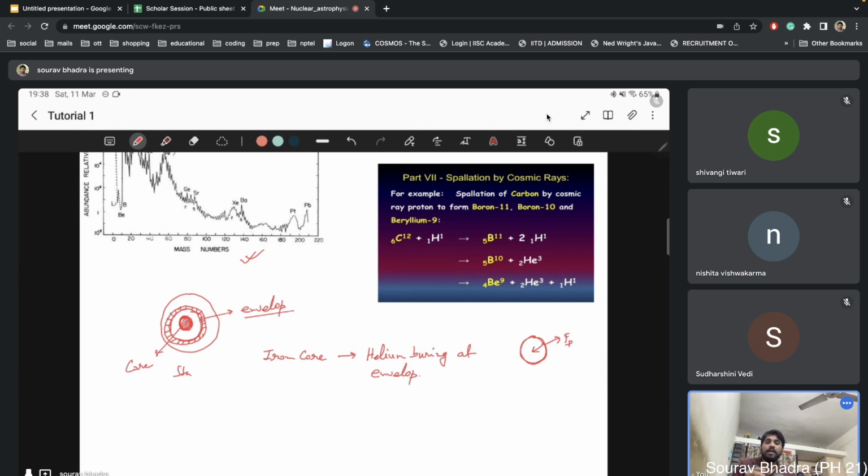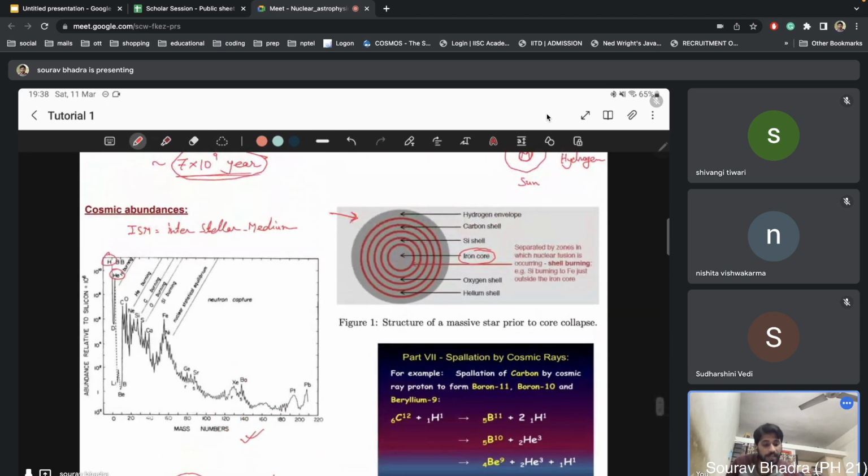This procedure continues, and this type of formation occurs where the center will be the iron core and the envelope has silicon. It has still not gone to iron, because before iron there will be silicon.